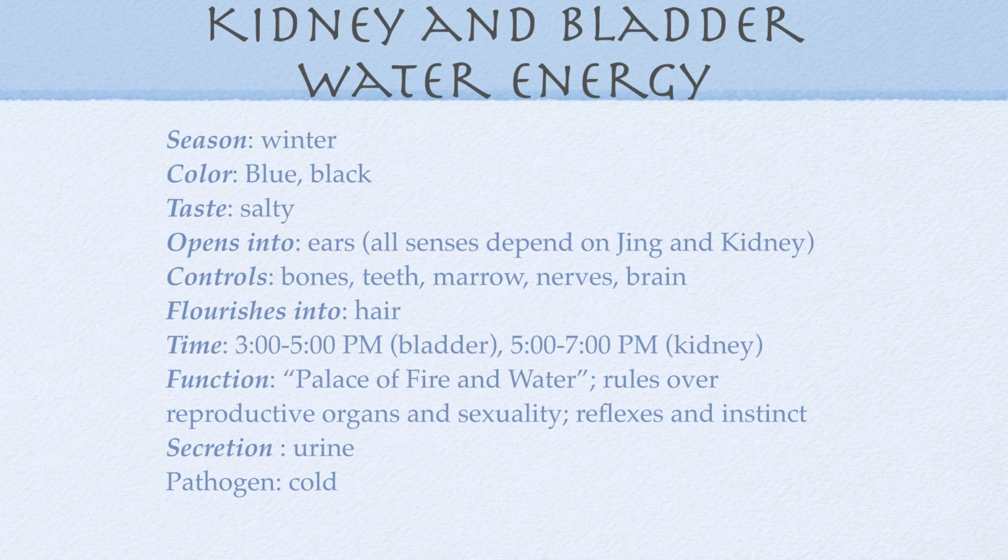The secretion associated to that energy, not surprisingly, is urine, and the pathogen that damages kidneys and the kidney energy is cold. All right, so that's a basic definition of kidney energy in classic Chinese medicine texts.